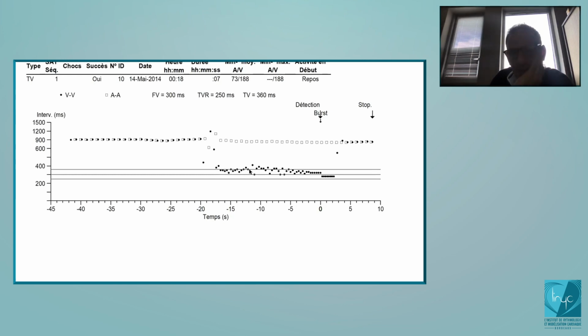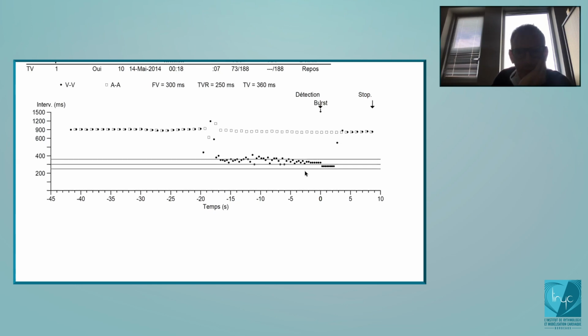It's obviously a ventricular tachycardia. The ventricular rate is much faster than the atrial rate, but it's quite irregular at the level of the ventricle, and some cycles are detected inside the VT zone, but there are also some cycles out of the VT zone. In this case, that's the reason why there is quite a delay between the onset of the arrhythmia and the delivery of the therapy.